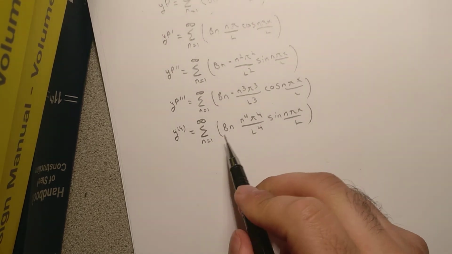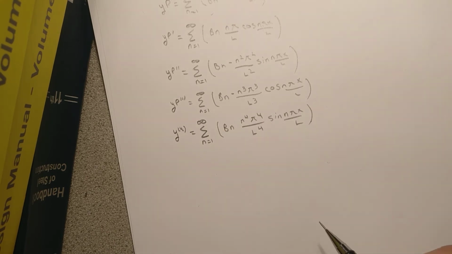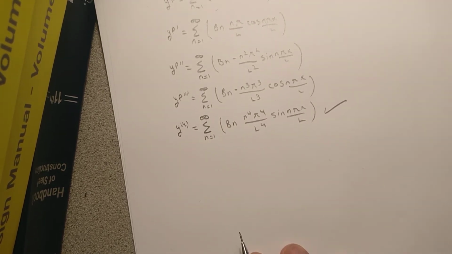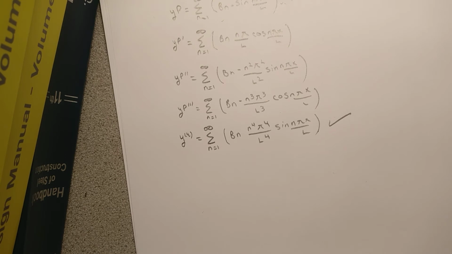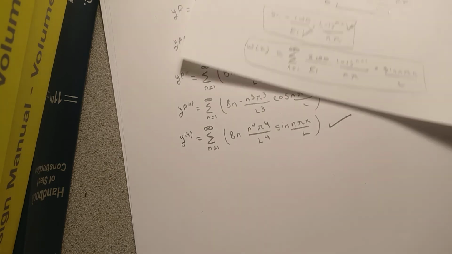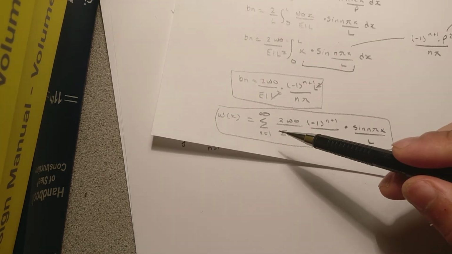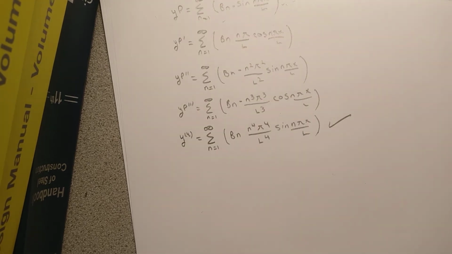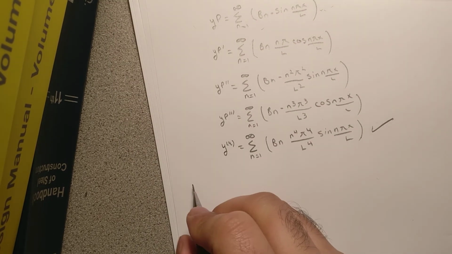Okay, so you have this, and once you get to this step, you can equate what we got in our previous solution to what we are now going to use on both sides. So in the previous solution, we found that our w of x function equals this, and we can equate both sides.